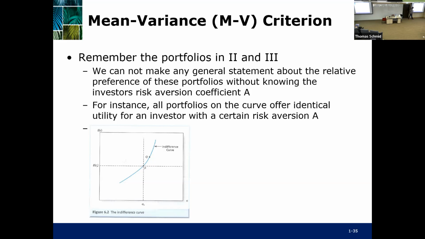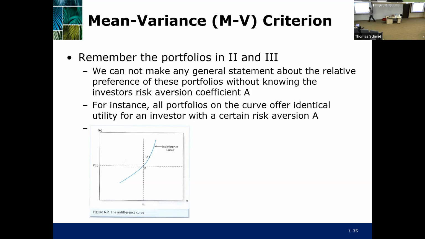So all the points, and a point here is a risk-return combination. Conceptually, it really doesn't matter if that is a portfolio or an asset; that could be a commodity, a stock, a bond, a diversified portfolio, it doesn't matter. It's just a risk-return combination.